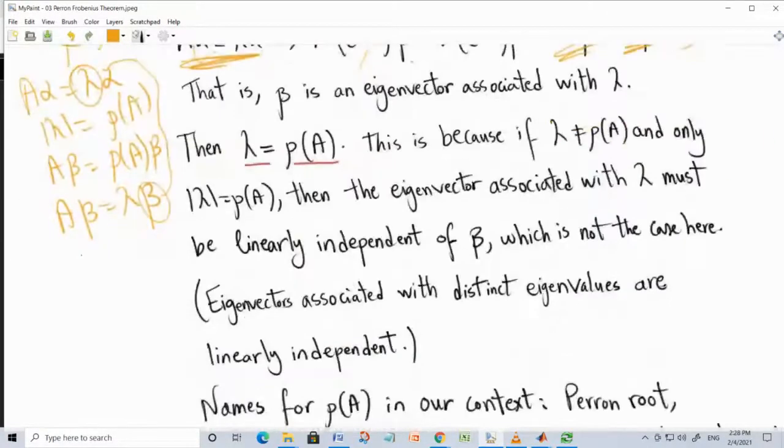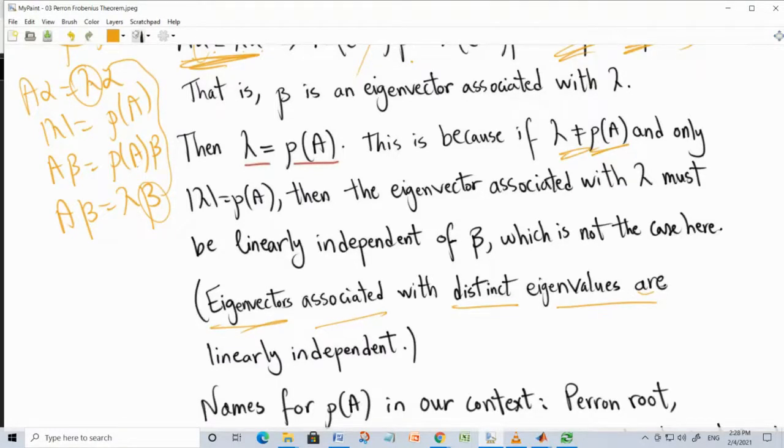Because, I am sure that you took in a first course on linear algebra, that if lambda is different from rho of A, it must have an eigenvector linearly independent of beta. Okay, so we have a theorem that eigenvectors associated with distinct eigenvalues are linearly independent.